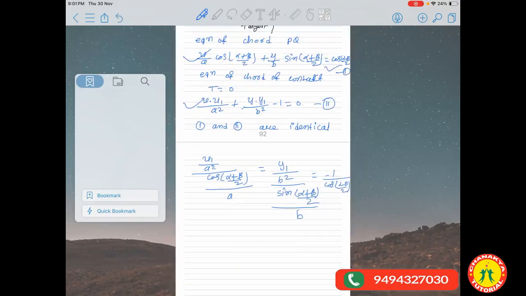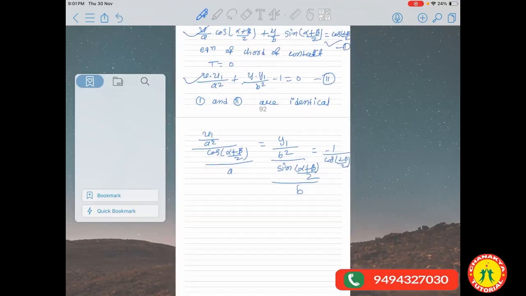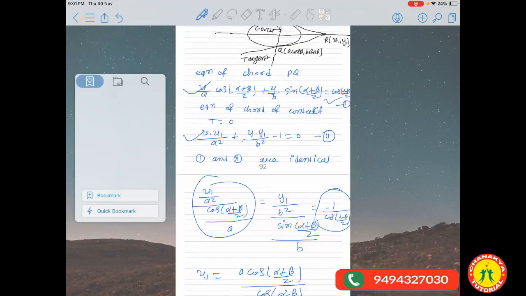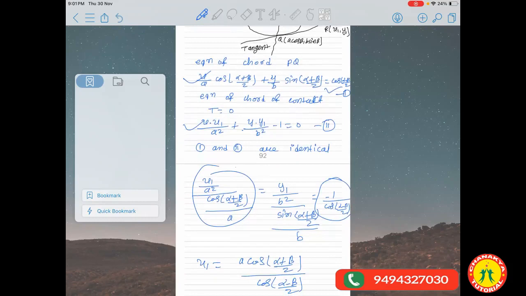So now we can get x1 and y1. So x1 equal to a cos alpha plus beta by 2 upon cos alpha minus beta by 2. Take this and this. Also here is minus, here if you take from the left equation, there is a minus, so we get plus.